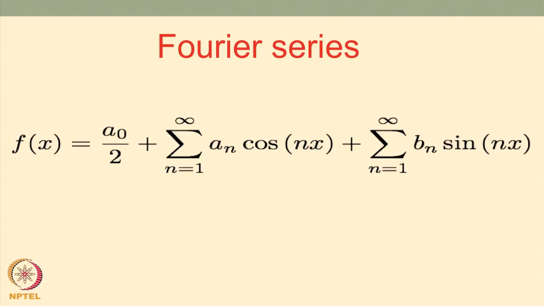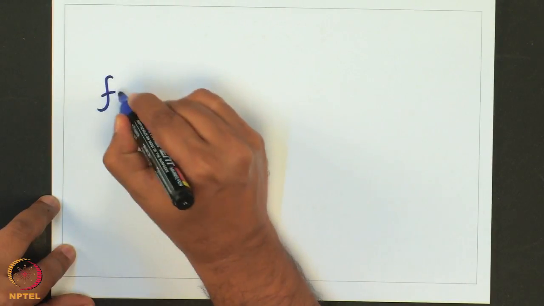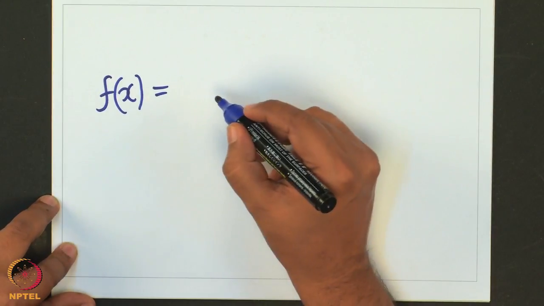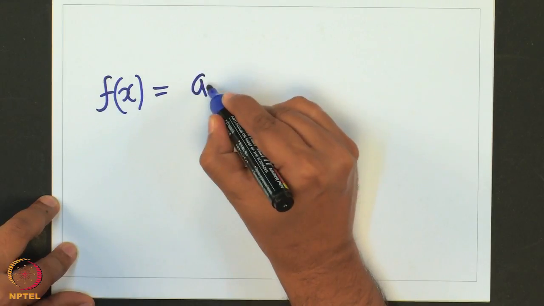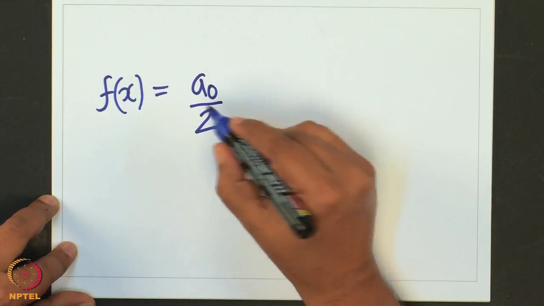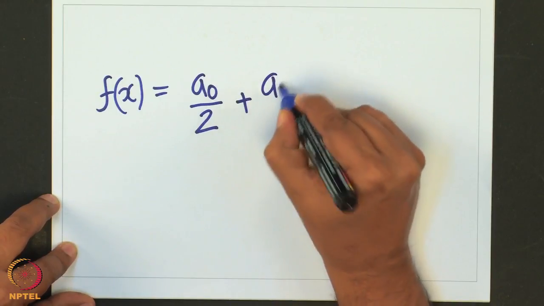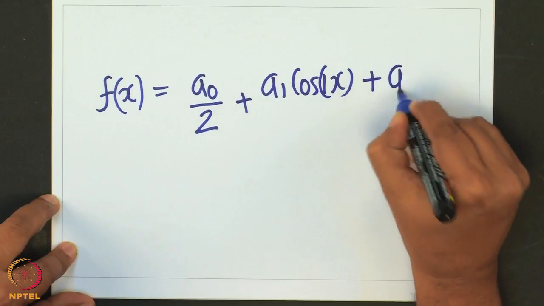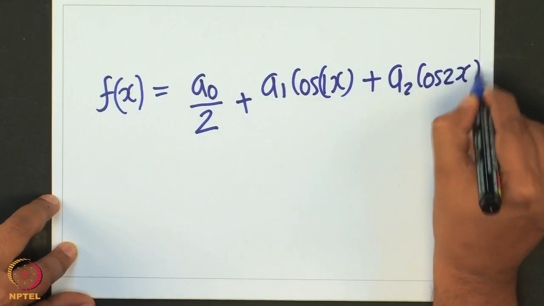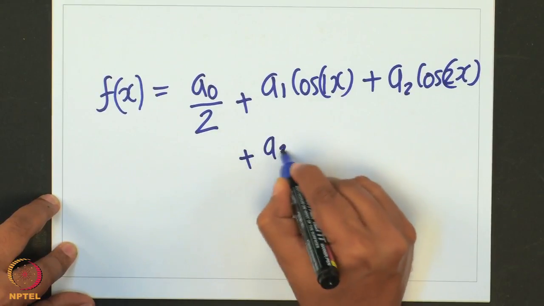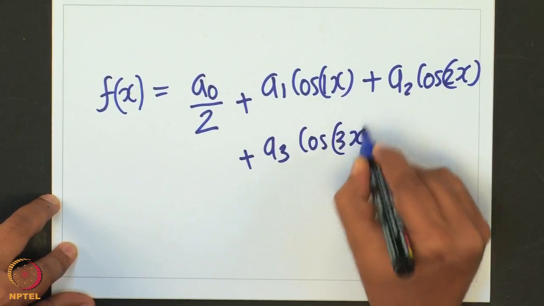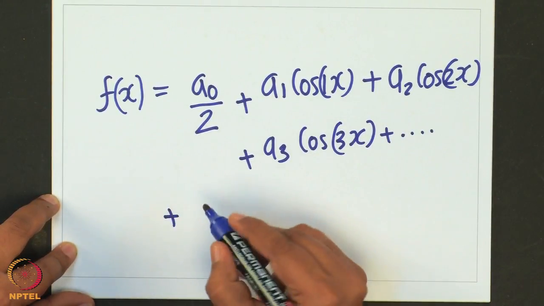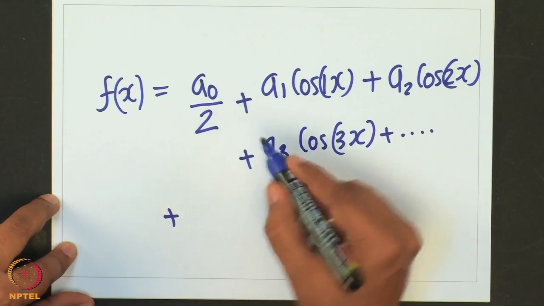We are saying that if you have some function f of x, it can be written as some constant, which I could call anything, but I am calling a0 by 2 for convenience, plus a1 cos 1x plus a2 cos 2x plus a3 cos 3x plus dot dot dot, an infinite series up to infinity.